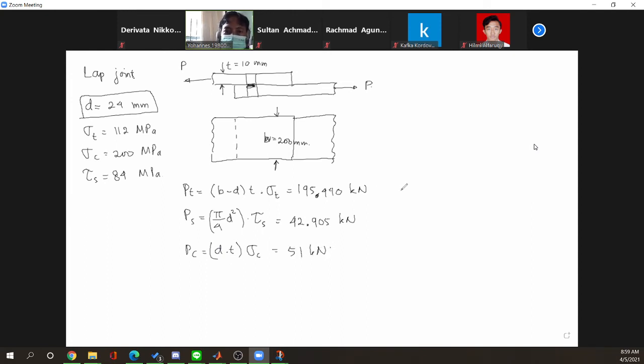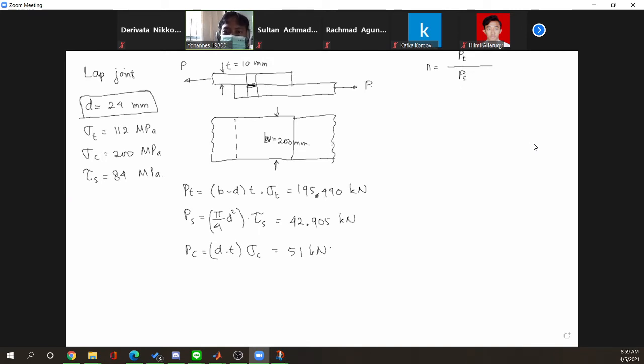So the number of rivets that should be used is determined by the maximum allowable tensile resistance compared with the minimum between crushing and shearing. So that is the shearing here we have. So we choose this.